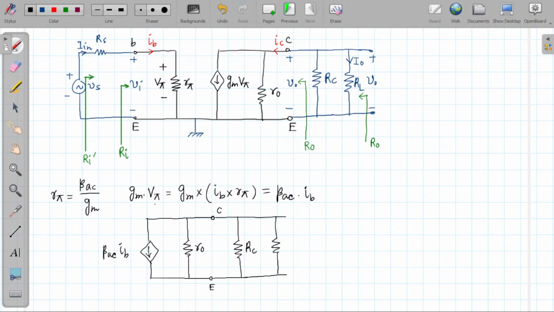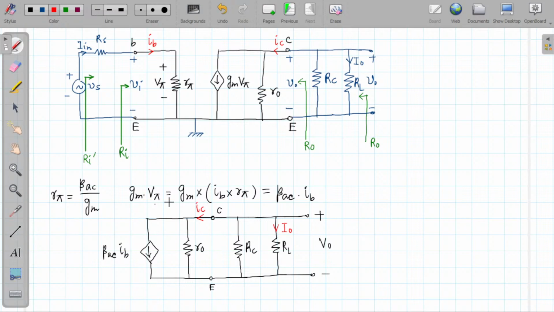A very, very simple method, you just have to follow the steps. This is the output voltage V0. We have already seen that the current flowing through the load resistance is I0, and here the current is IC.